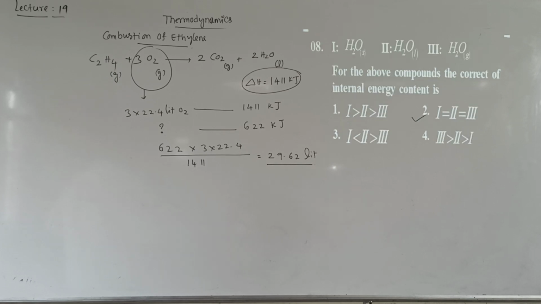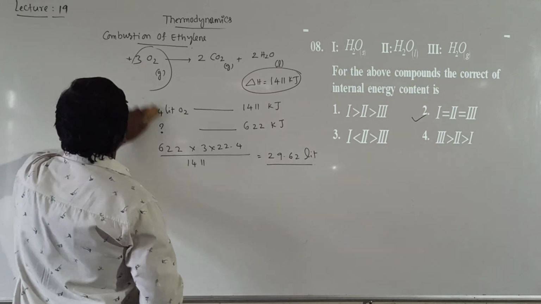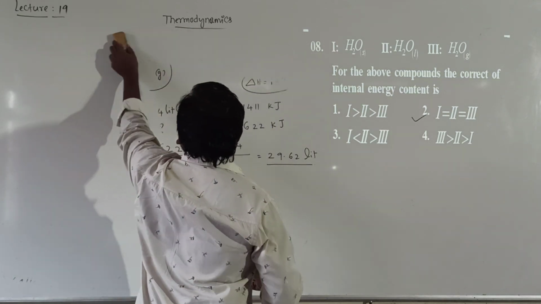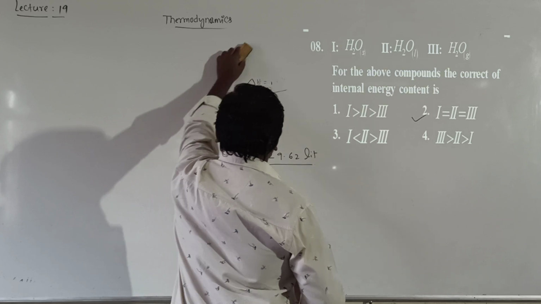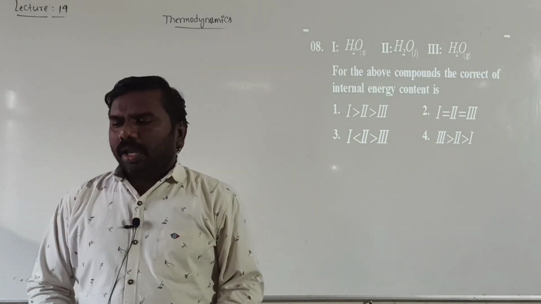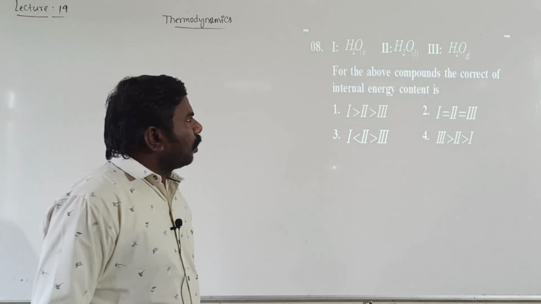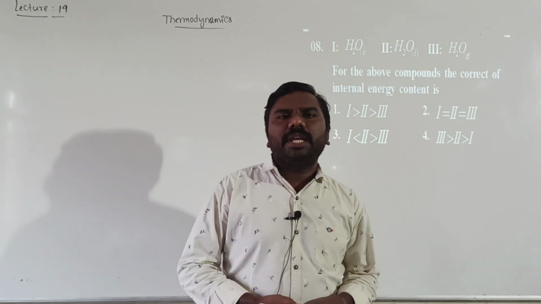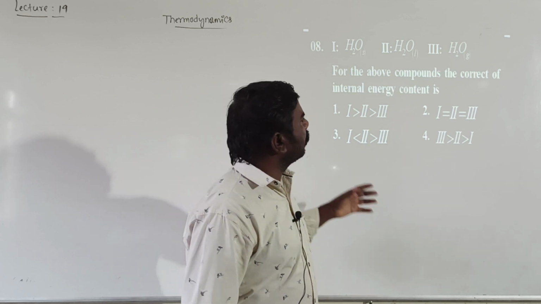After that, 8th question. H2O solid is given, Roman number 2 is H2O liquid, Roman number 3 is H2O gas.